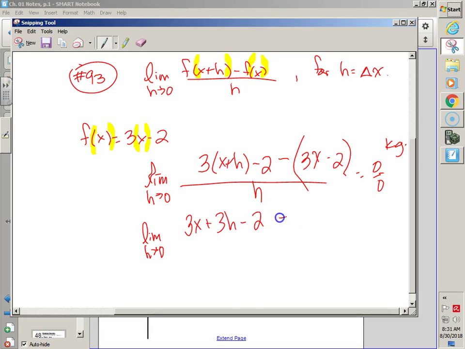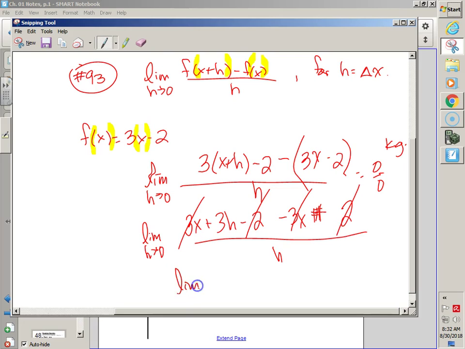You can go ahead and, if all works out well, everything without an h will cancel out. Everything with an h will be left. Long story short, you end up being able to simplify out all the h's of the numerator. There's only one in the denominator. And what's the limit of any constant?